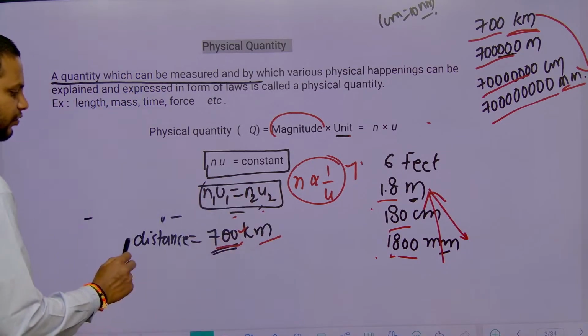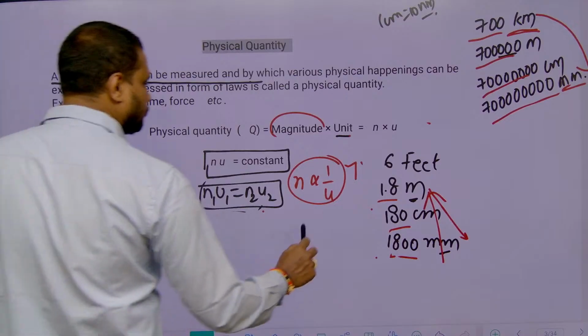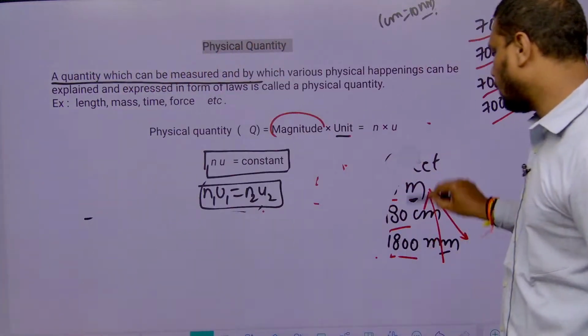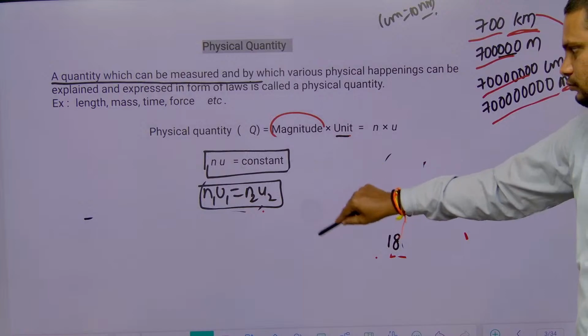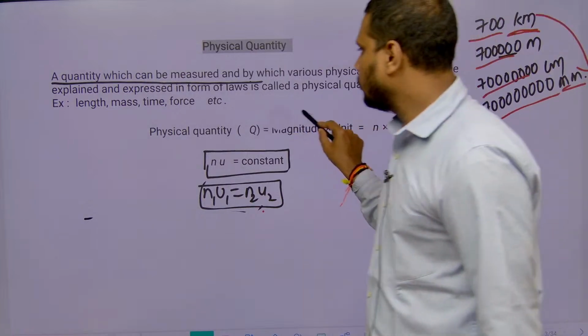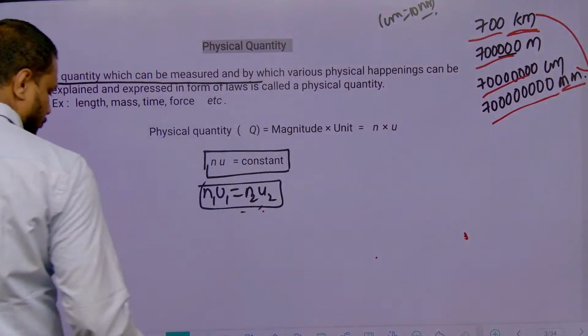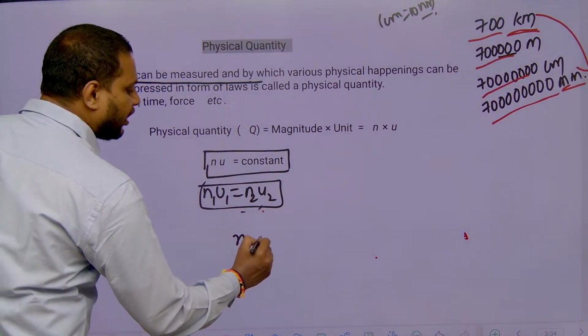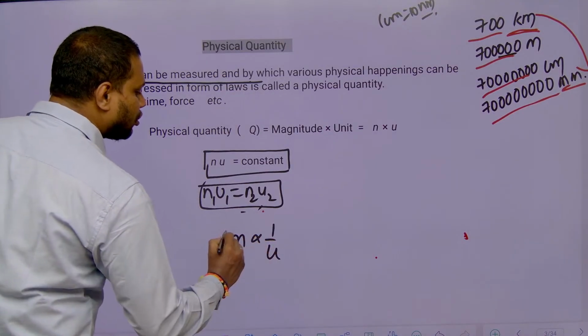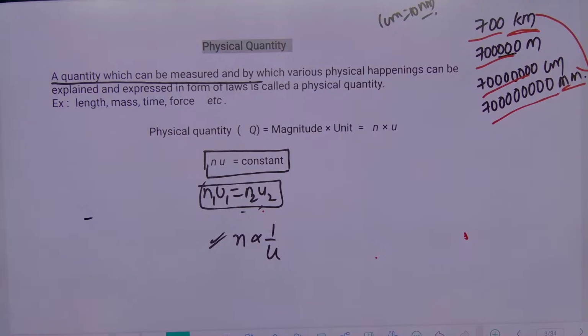Did you understand this? So write down these formulas. From this we can say magnitude is inversely proportional to unit. So please remember these things.